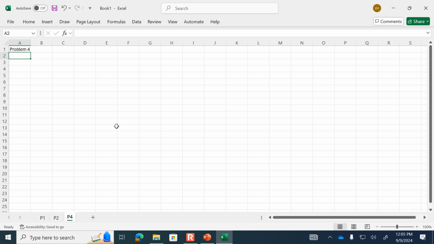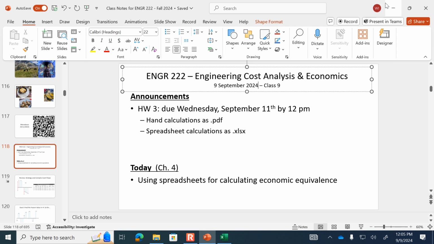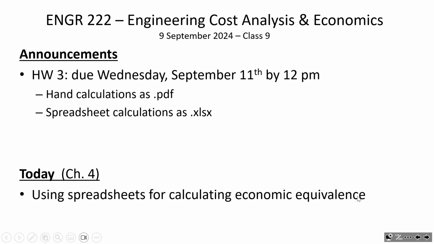So bolding the answer, highlighting it in yellow, anything you can do to signpost how you did your work and what the solution is, that'll really improve your chance of getting full credit on the problem. Are there other questions related to homework 3? Okay.